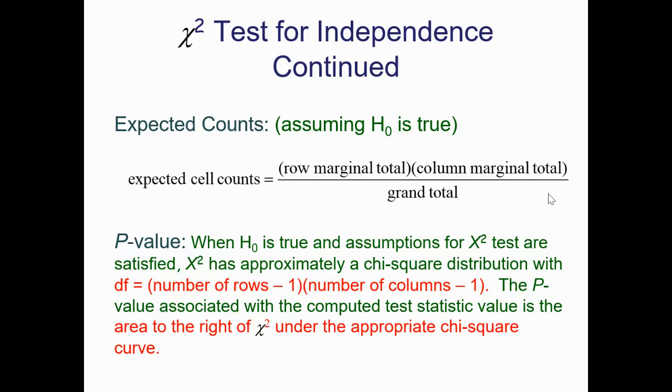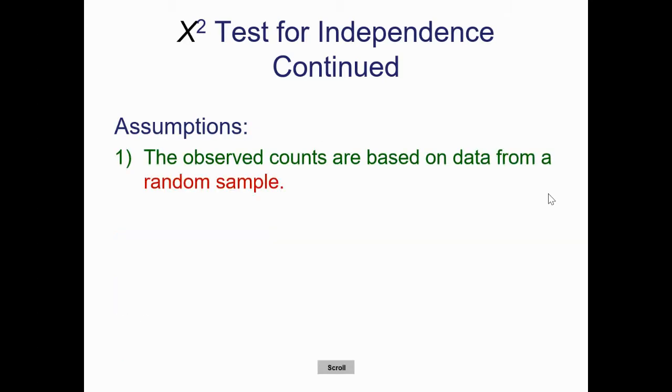Anyone want to take a stab at what that first assumption will be? They're from a random sample. That's right. So the observed counts are based on data from a random sample. That's our first assumption.